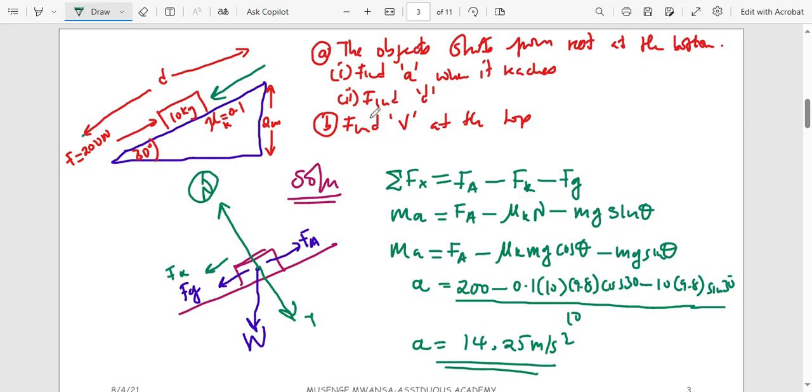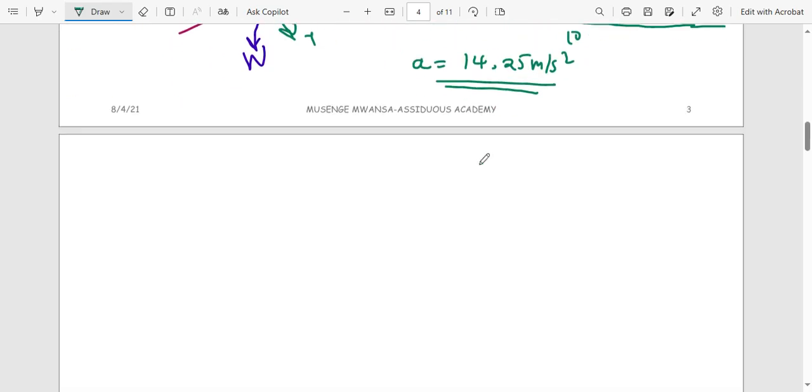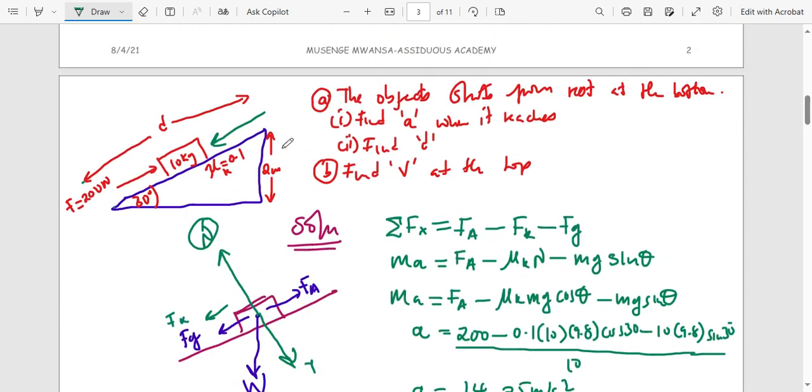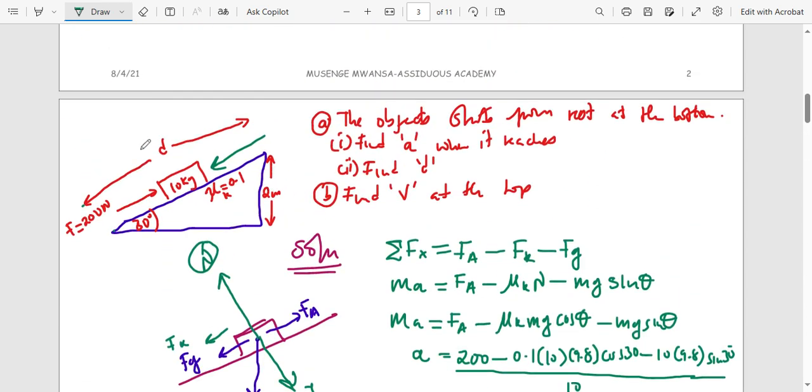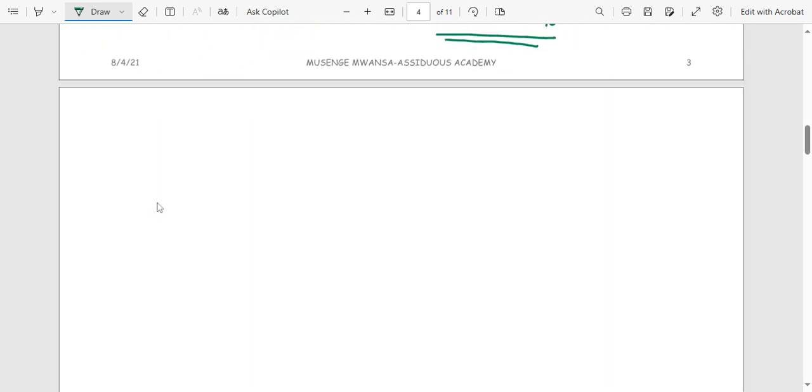And then we want to find d. That's the distance from the bottom of the incline to the top. So d, you simply look at this. You have got the height of the incline, and then you have got the hypotenuse, which is d. And you know that sine theta is equal to opposite over hypotenuse. The opposite of the incline is the height, over hypotenuse, which is d.